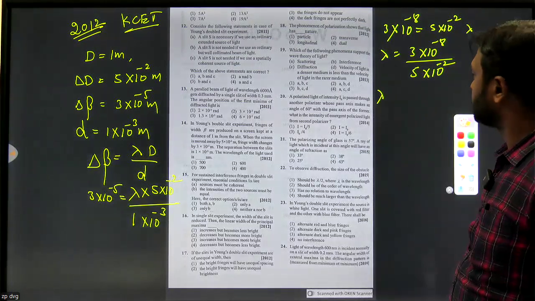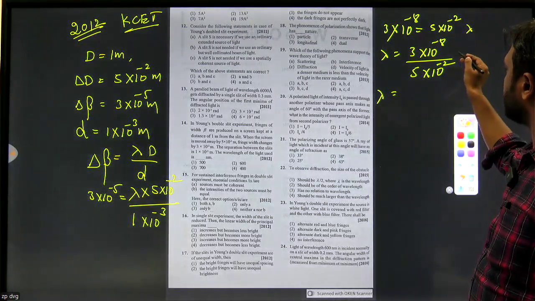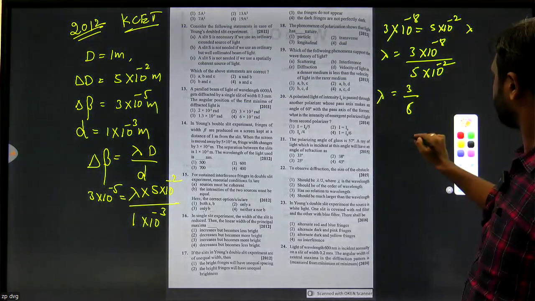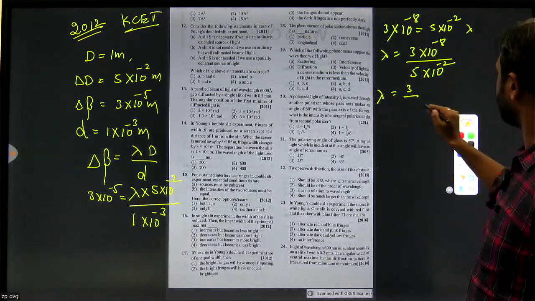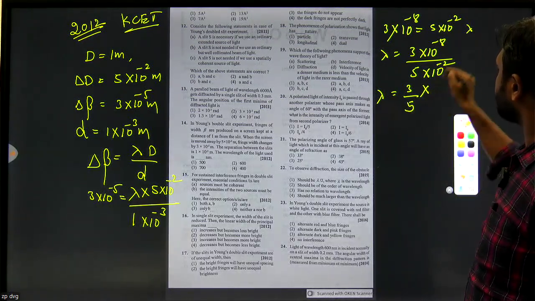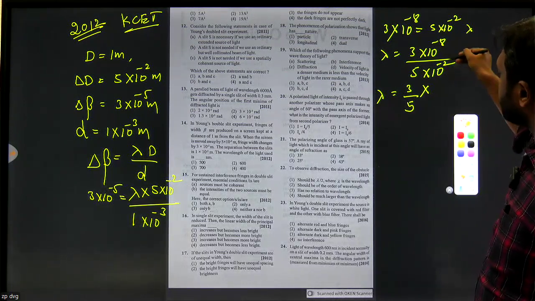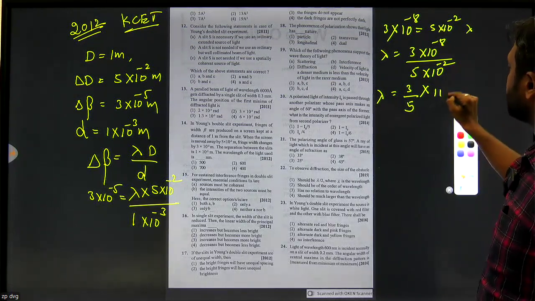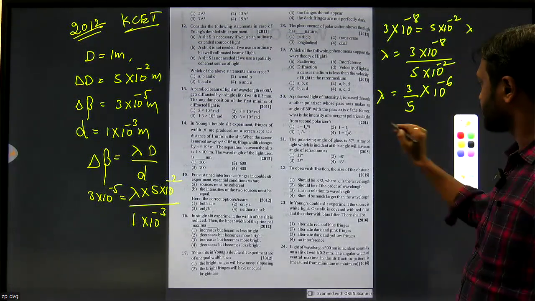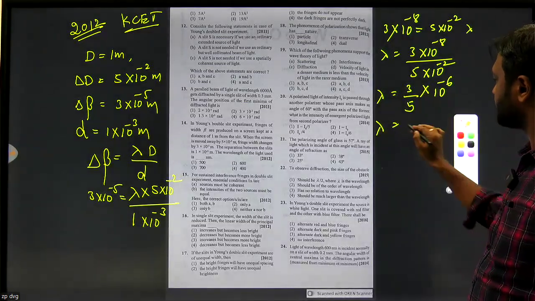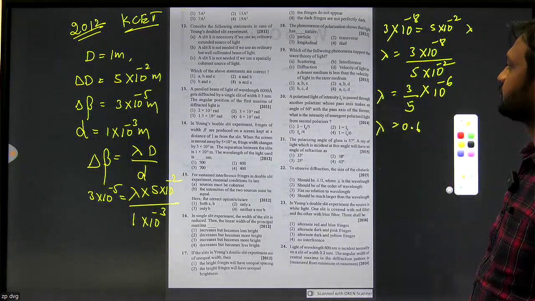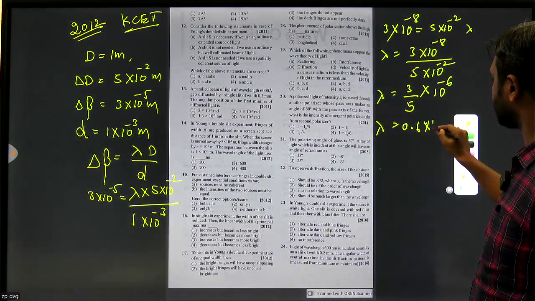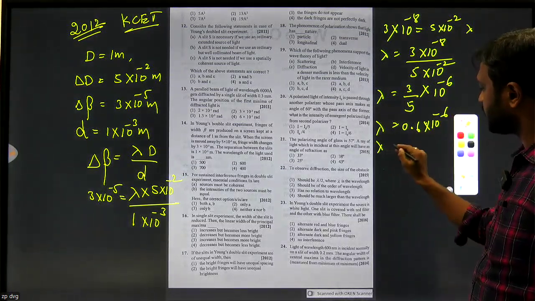So 3 divided by 5 into 10 to the power of minus 2, and if 10 to the power of minus 2 goes to the numerator, it becomes plus 2, minus 8 plus 2, that is 10 to the power of minus 6. That is lambda equals 3 by 5, which is 0.6 into 10 to the power of minus 6.